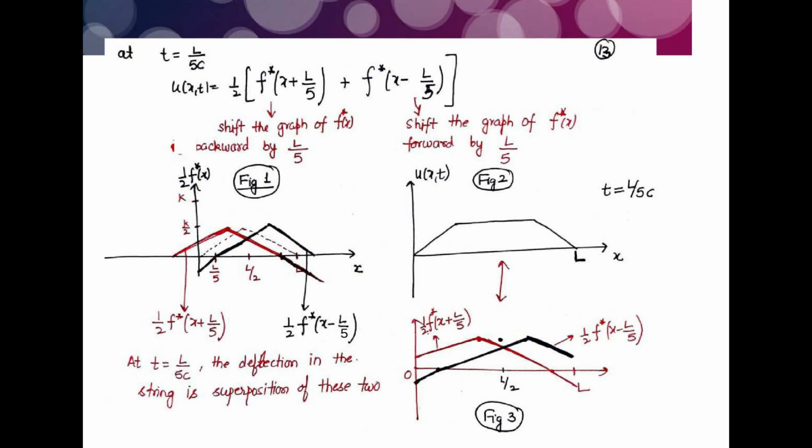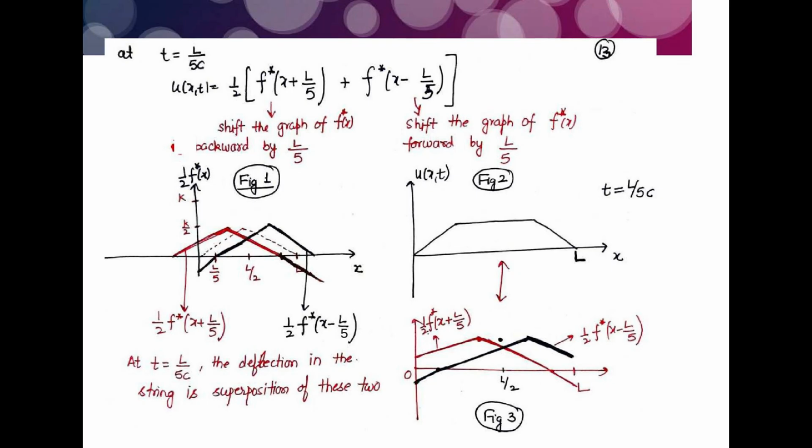So you can see the red graph, and this is the graph of half f star (x plus L by 5). You can extend this on the left hand side and the right hand side as an odd periodic expansion of this function. Now to find the graph of f star (x minus L by 5), we shift the dotted triangular graph in the forward direction by L by 5 units. You can see this thing here.